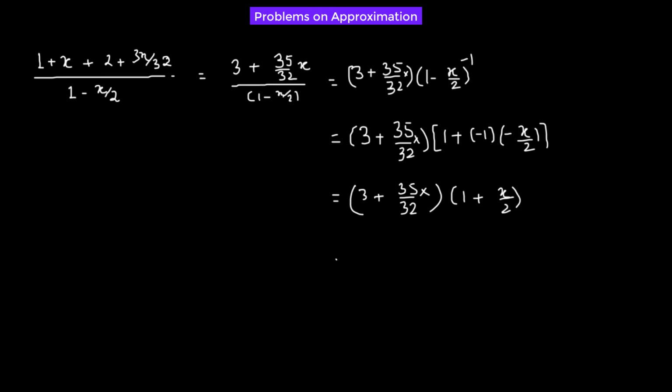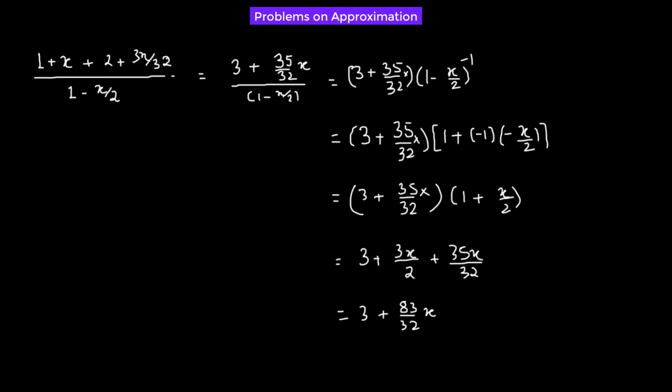Then we FOIL the two expressions, and that will give us 3 plus thrice x over 2 plus 35x over 32, which will be equal to 3 plus, so thrice x over 2 plus 35x over 32 will give us 83x over 32.